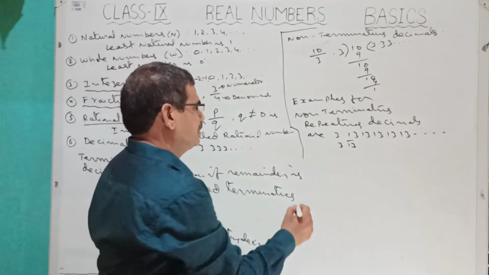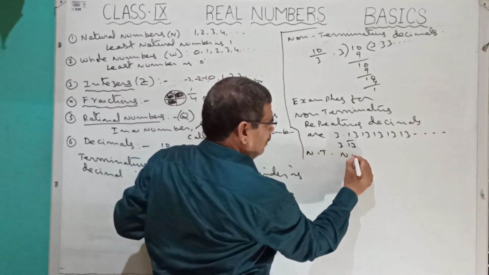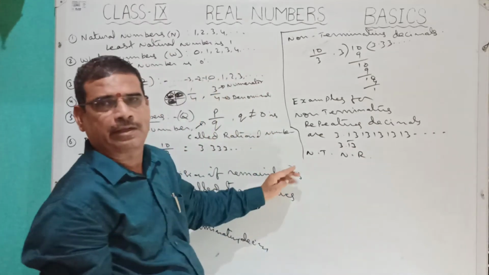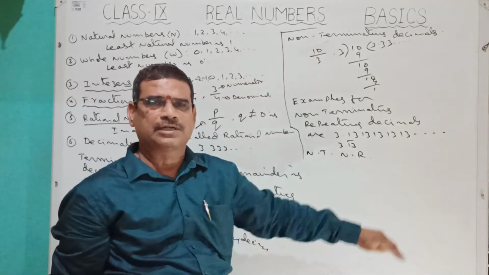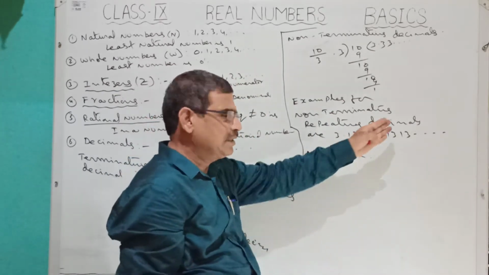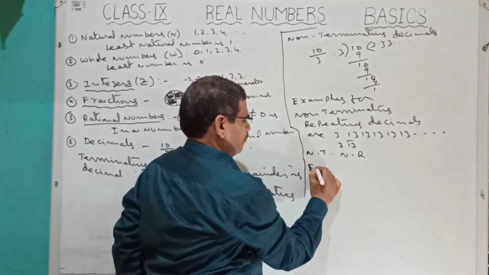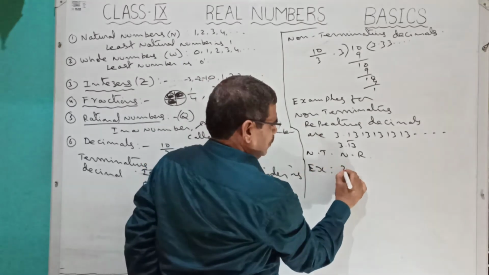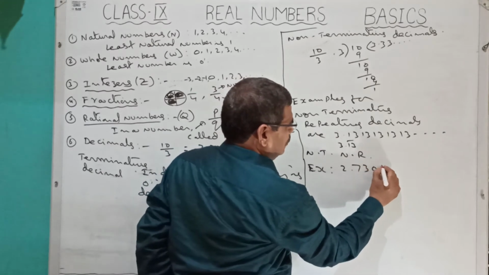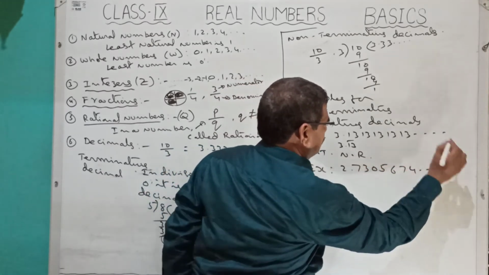And another is non-terminating non-repeating decimal. So here there is no ending point and also the numbers do not repeat. Example: 2.730567, like this.